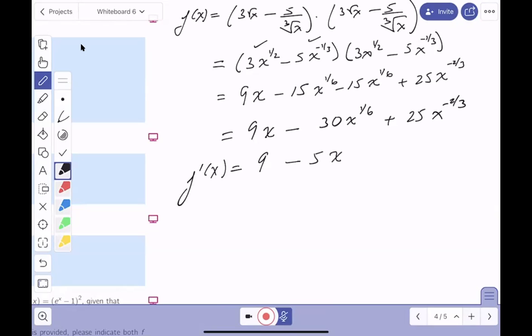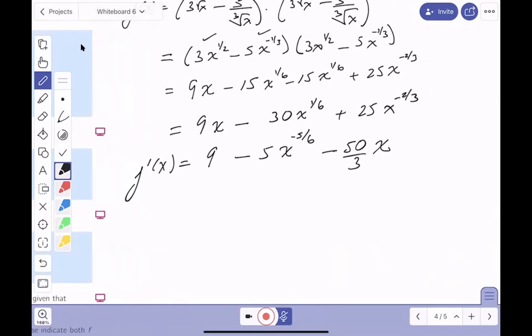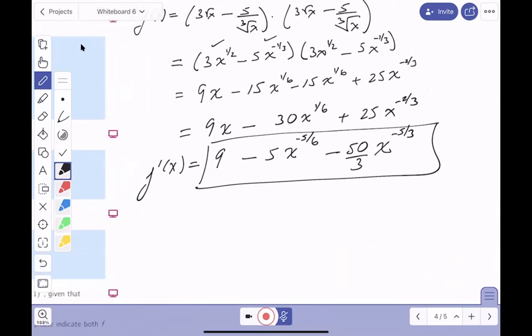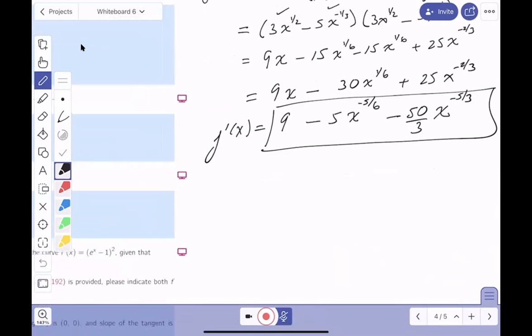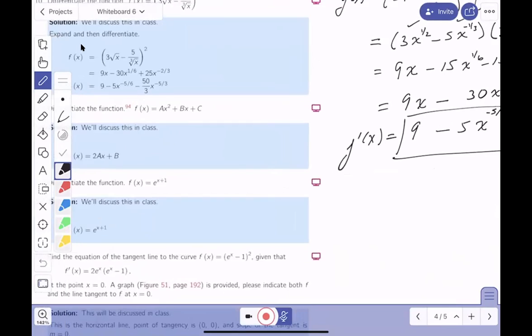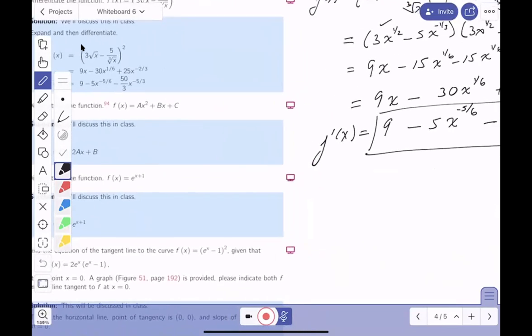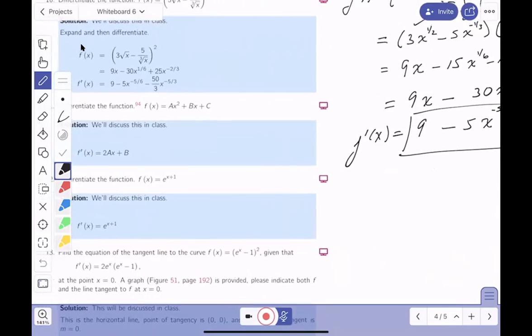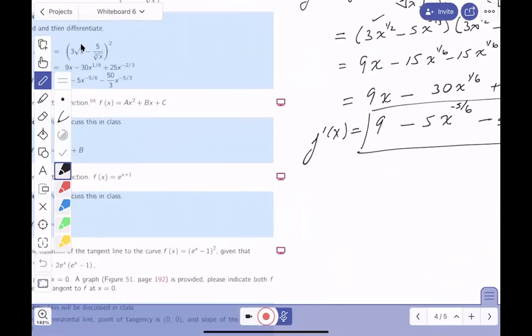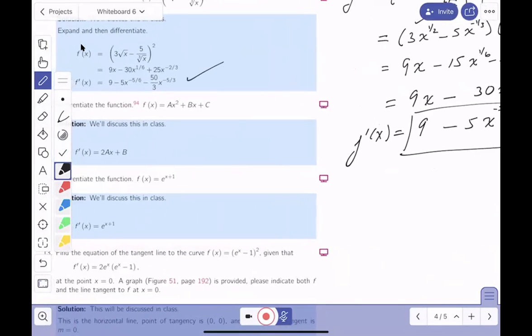And then you're going to take 1 from 1/6, which is minus 5/6. Minus 50/3 x. You're going to reduce the exponent by 1. So that's going to be minus 5/3. Mistakes happen. I know I said a lot to you, but please look at the answer. 9 minus 5x to minus 5/6 minus 50/3 x to the minus 5/3. Things are working as advertised.